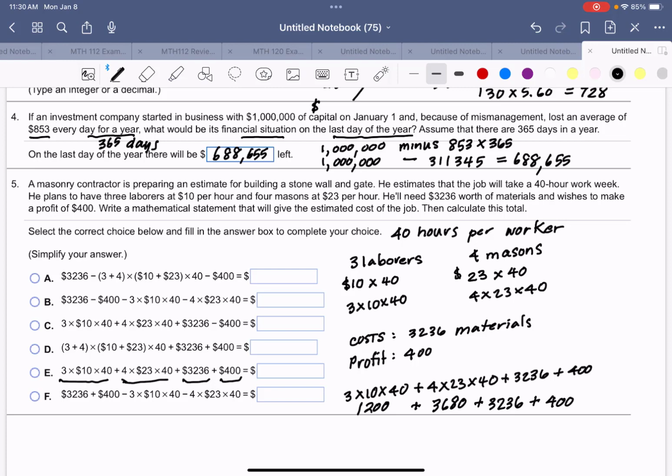Now he'll end up spending the first 3, but he's got to include all those in the estimate for the job. So $1,200 plus the masons' total plus $32.36 plus $400 comes to $8,516. He needs to collect $8,516 for his total.